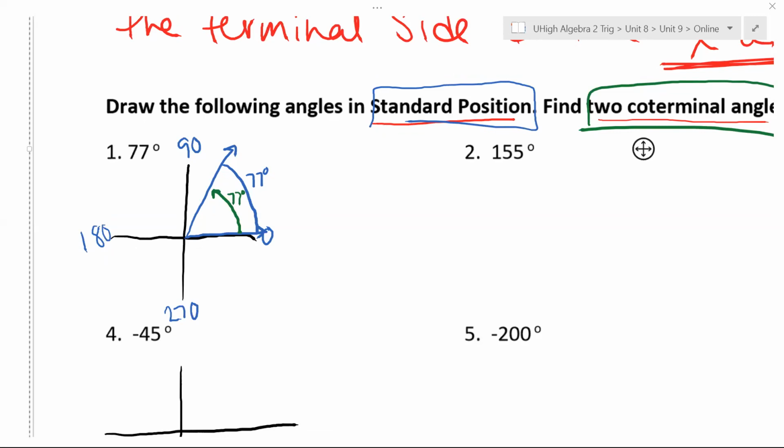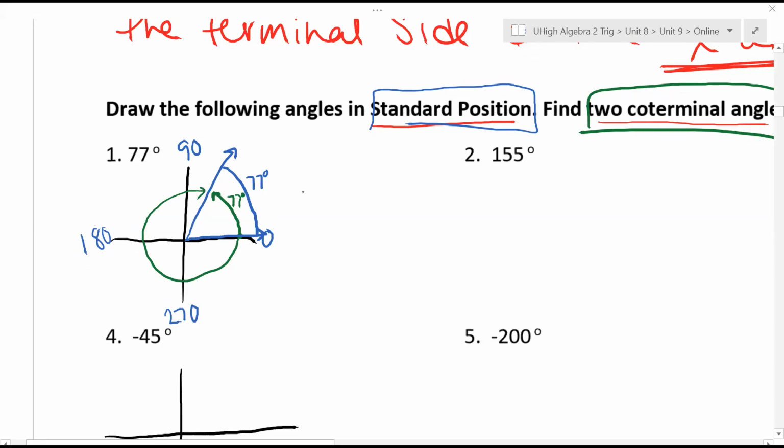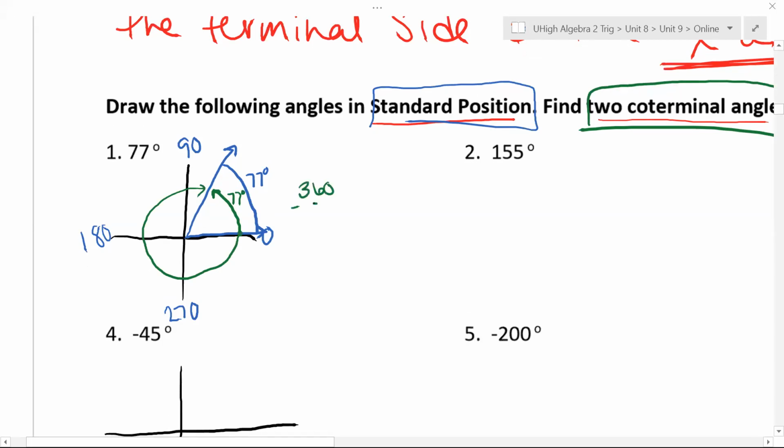So my other coterminal angle, I'm going to start again at my initial side, but now I'm going to go clockwise around to my terminal side. And I'm thinking, okay, so if going counterclockwise was 77 degrees, and all the way around would be 360 degrees, to find the other angle I would do 360 minus 77, which is 103.